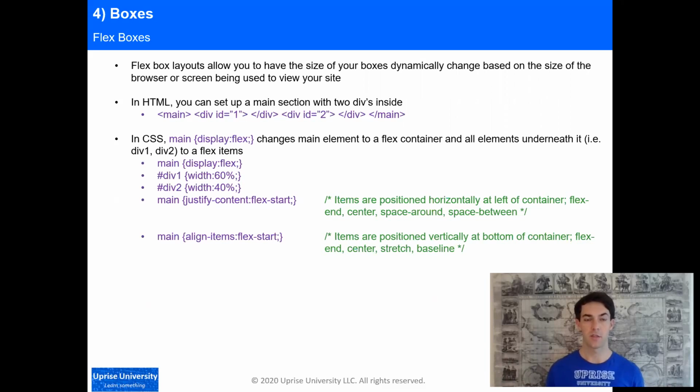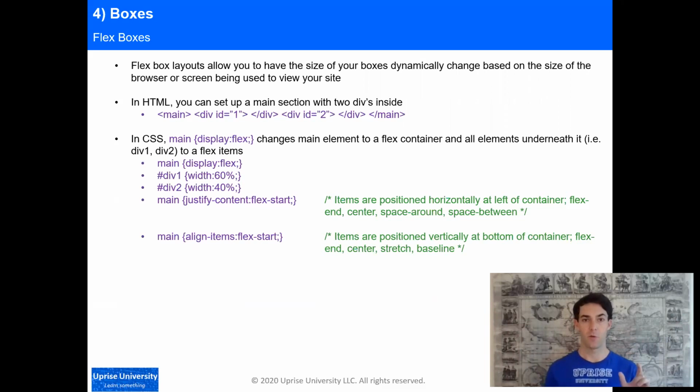So in order to do this, you basically have the parent HTML element. So in this case, it'll be main. I'll set that to display flex, and then you'll have two divs inside that main, and you'll change the width as a percentage. That way, as the main element gets bigger or smaller, div 1 and div 2 will always fill up 100% of the main, but they'll move in accordance with the size of main.